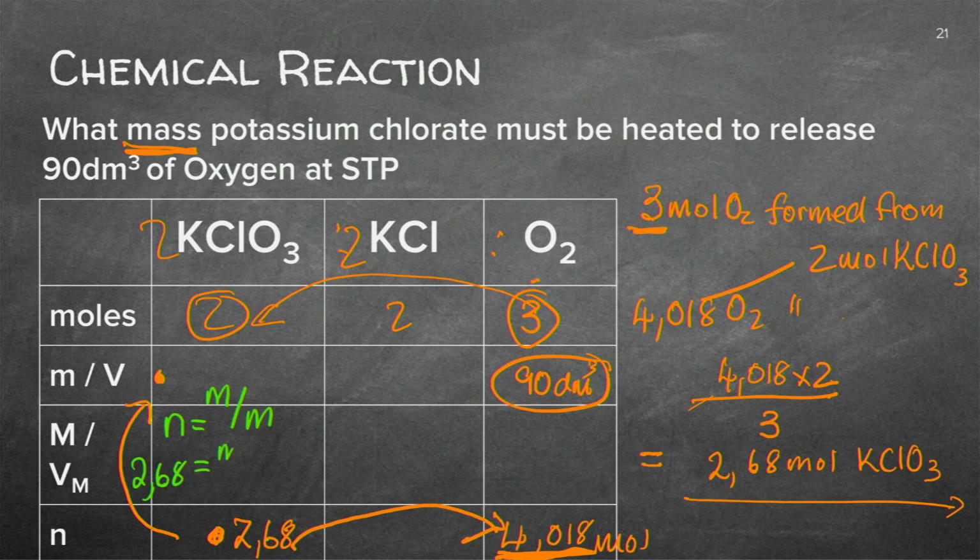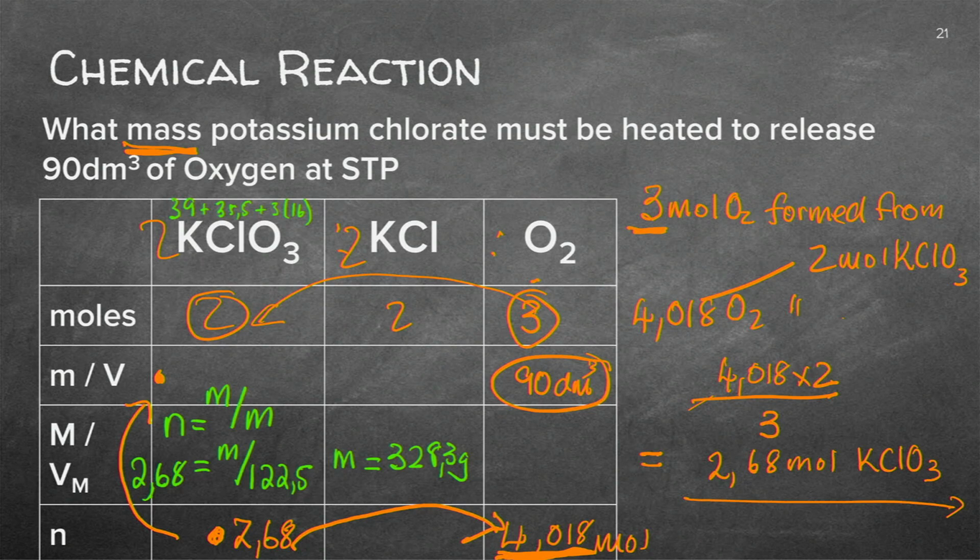2.68. I want to find the mass, and it is potassium 39 plus chlorine, which is 35.5, plus 3 times 16, and that gave us a molar mass of 122.5. And if you do that calculation, you'll find the mass to be 328.3 grams.